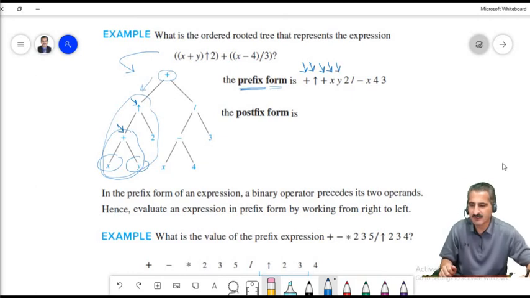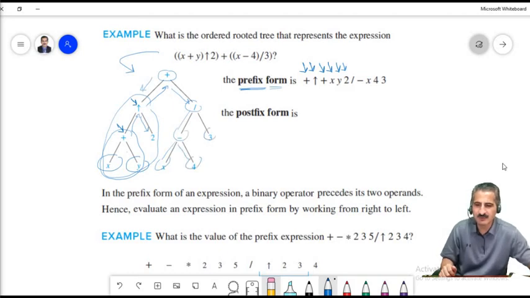We go back to this root in here and take the right subtree, and then we go back to this root and apply the same thing again. So we will take this, this, and that, and then we'll take the 4, and then we will take the 3, and then we get all this expression. So this will be called a prefix form.